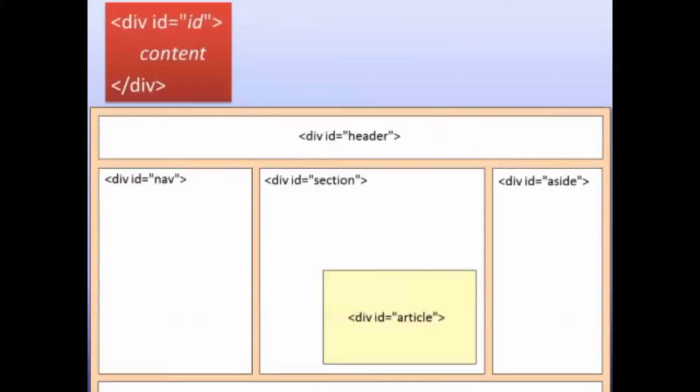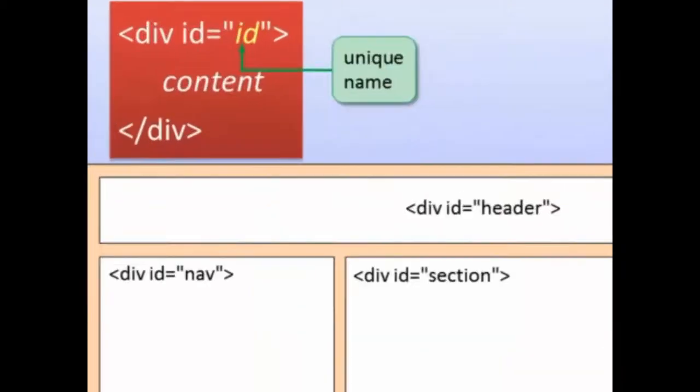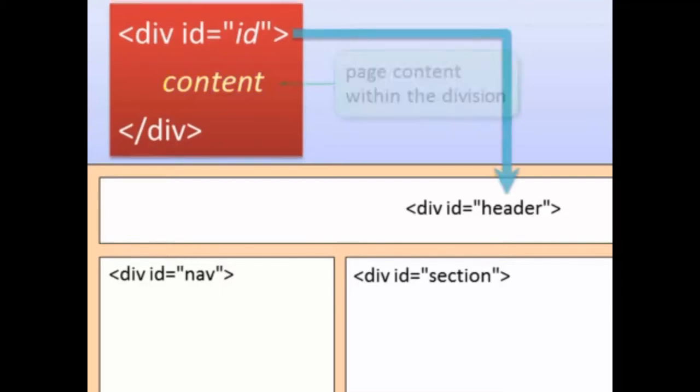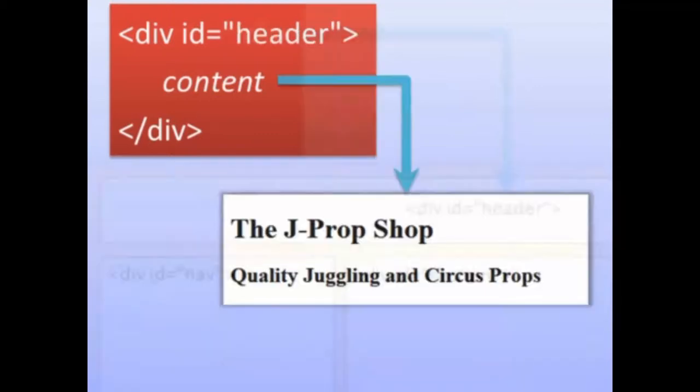The div element uses the syntax shown here. In the syntax, the ID attribute is a unique name assigned to the division, and content is page content within that division. For example, the code in this diagram uses header as the ID attribute. The content could be a graphic or text that appears at the top of the page.